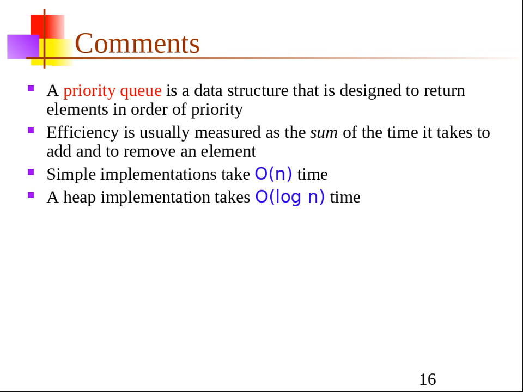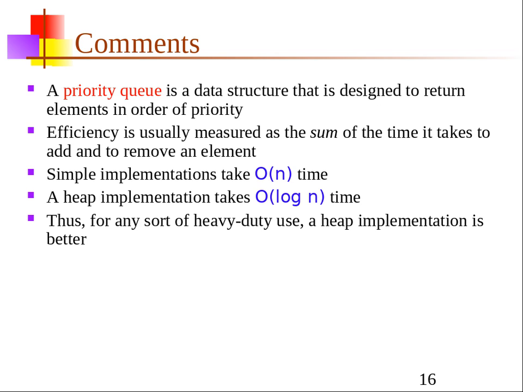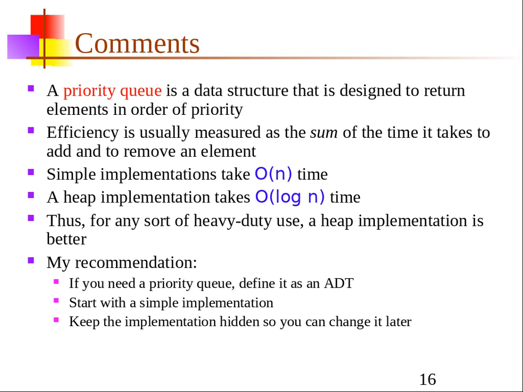So simple implementations are O of n, aka the array or the linked list. The binary search tree was O of n on the average. If you used a balanced binary search tree, you could get log of n. But a heap, which is actually simpler than a balanced binary tree, also gives you log of n, which is why it's usually used. That is not my recommendation, that's the author's.